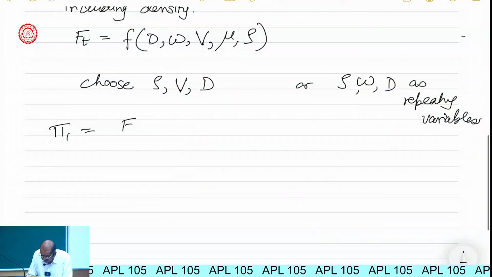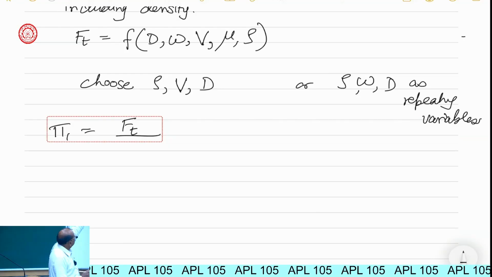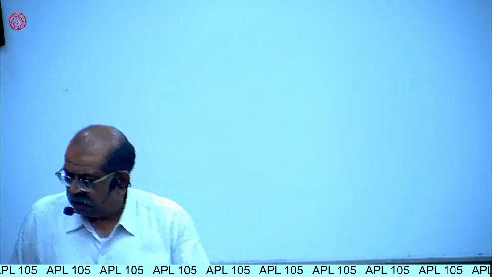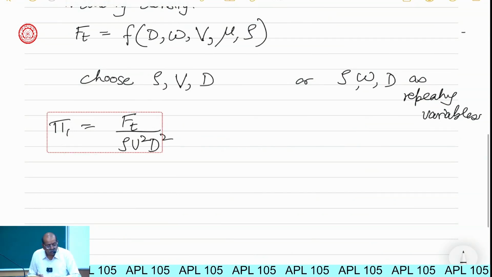Pi 1 will be equal to force. Now, if I'm using rho V D, what should I use to non-dimensionalize? Once again, keep in mind, rho V square is pressure, multiplied by area. So therefore, if I'm using rho V D, it will become rho V square D square.